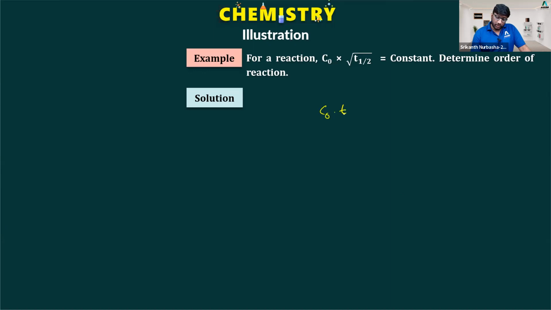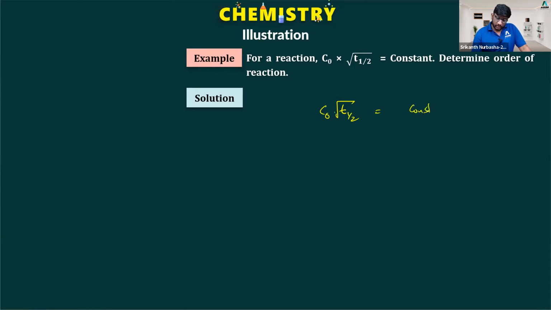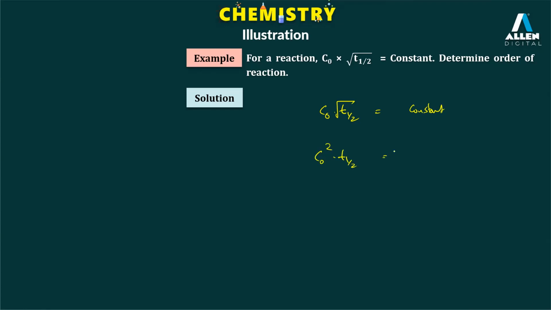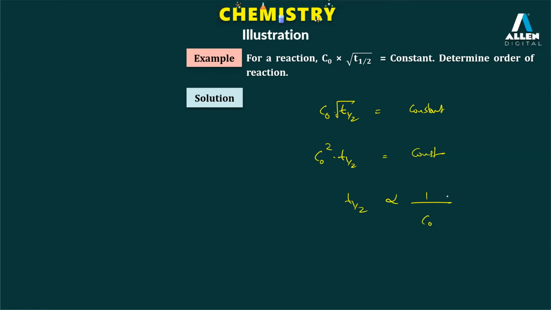C naught into under root of T half is equal to some constant K. So I'll square both sides. So C naught square into T half is equal to some constant. So T half is inversely proportional to C naught square.